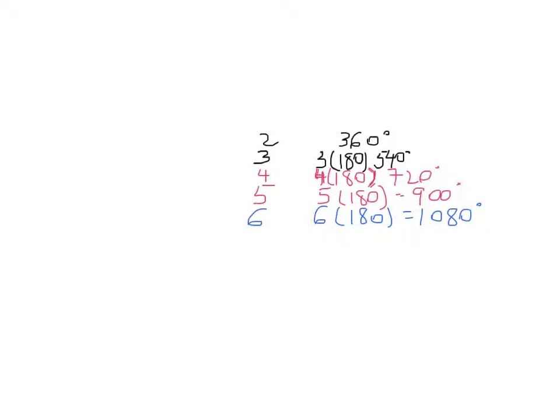Alright, so as you can see, as we increase the number of sides of a polygon, the number of triangles increases by 1, and the sum of the interior angles increases by 180 degrees each time we add a side to the polygon.